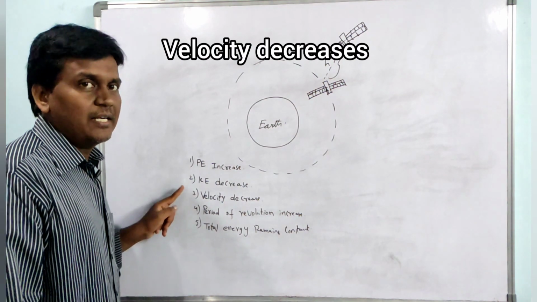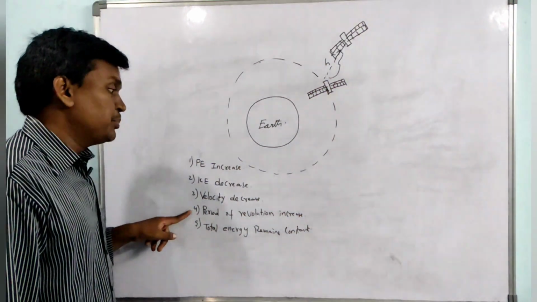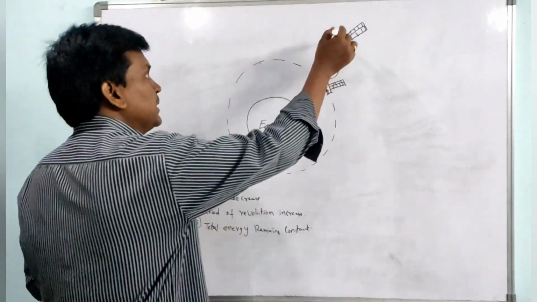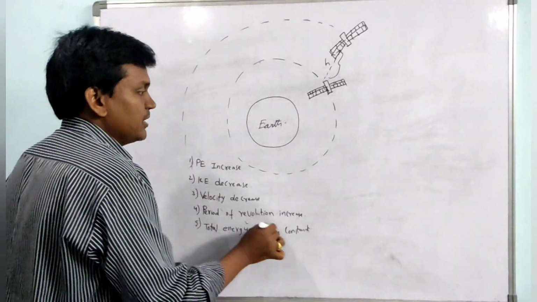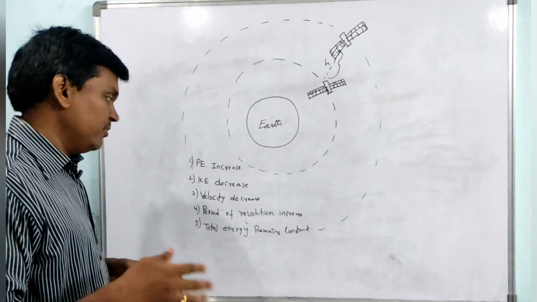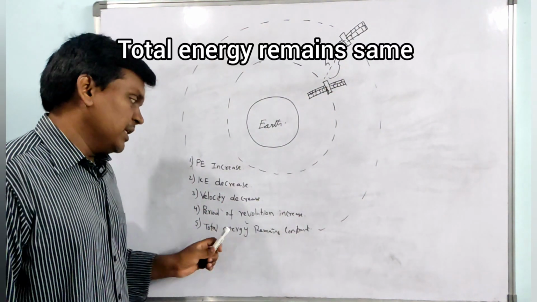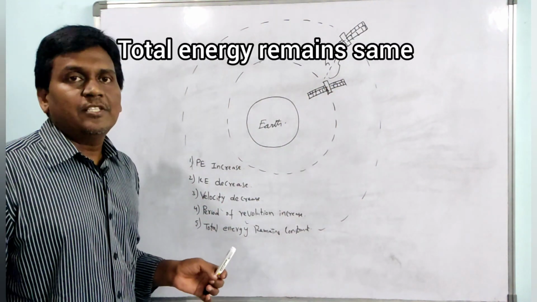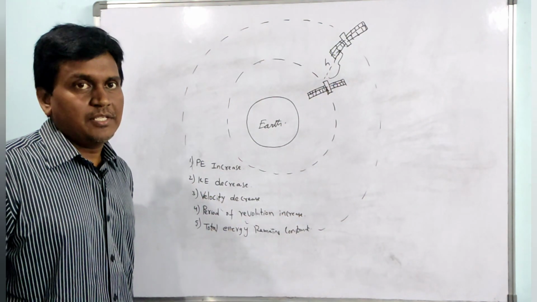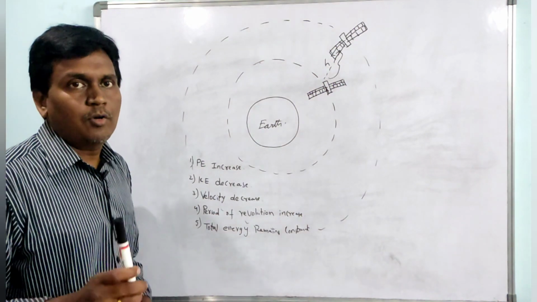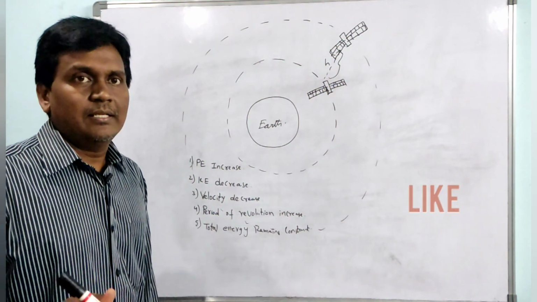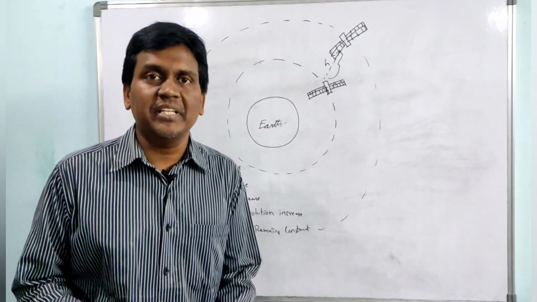And the period of revolution will increase, because the distance it has to cover will be longer. Coming to the total energy, it will remain constant, as it is the sum of kinetic energy and potential energy. So these are the factors that happen when a satellite increases its height from the surface of the earth.